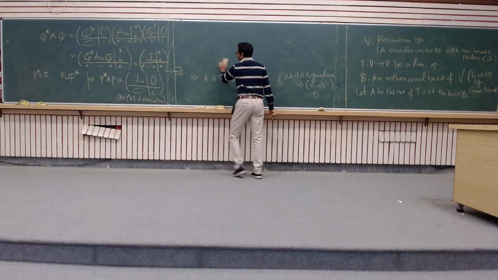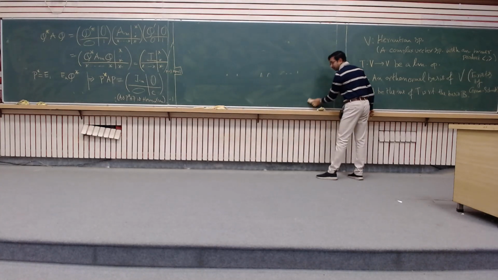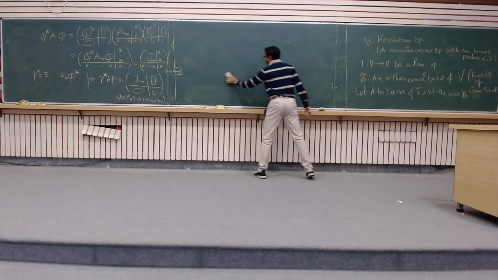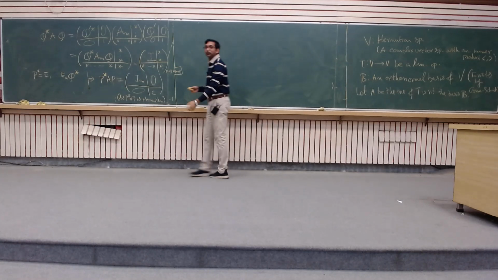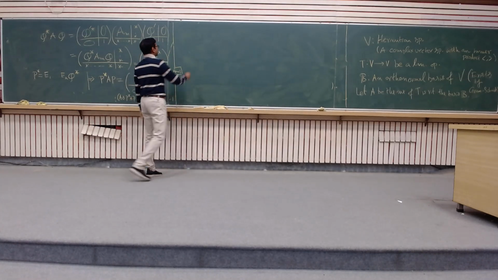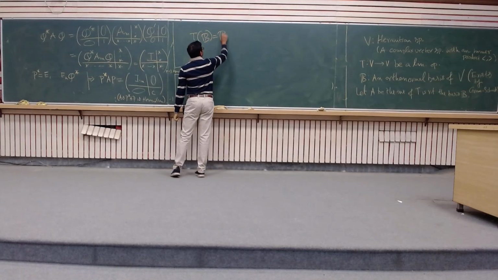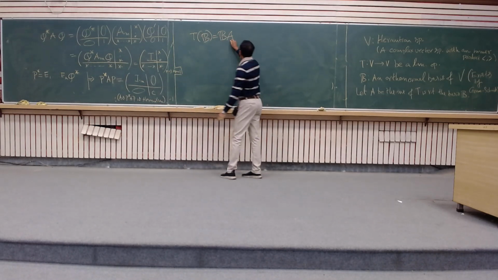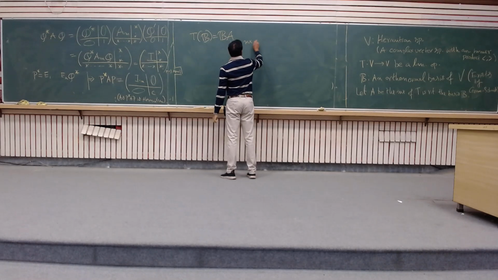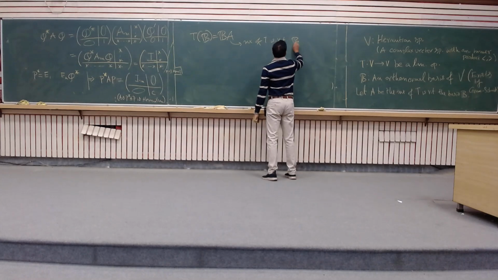The same basis, because it's a linear operator. Very good. So that means TB is equal to BA. This A is the matrix of T with respect to B.